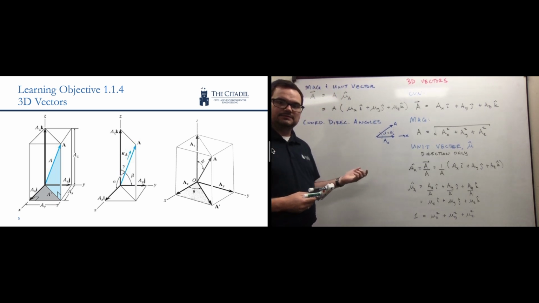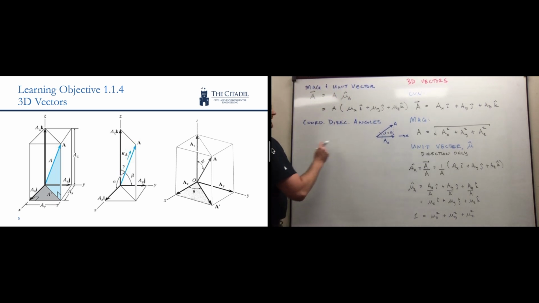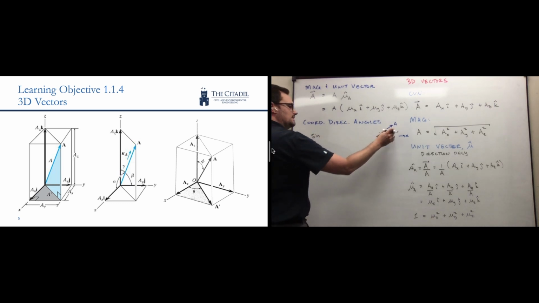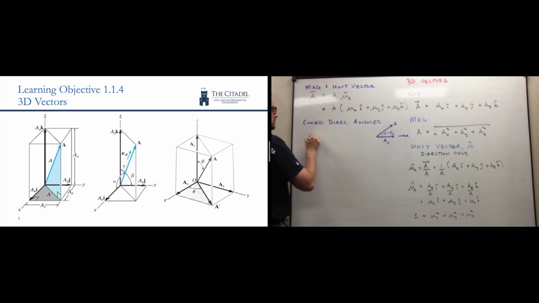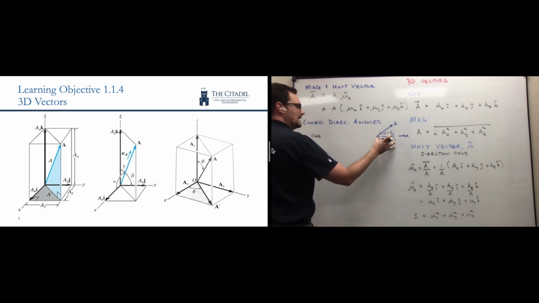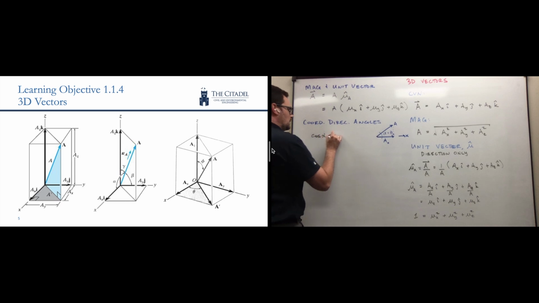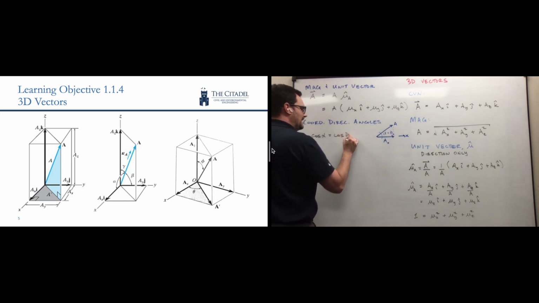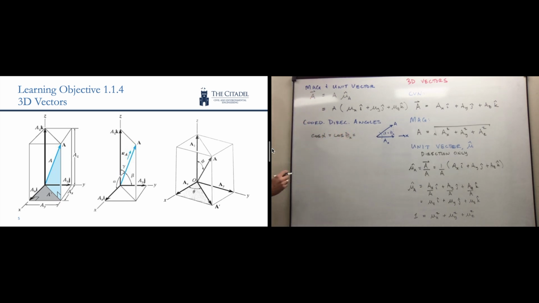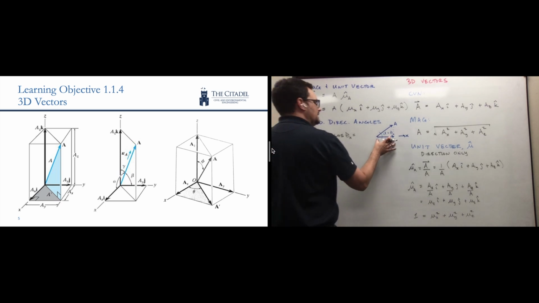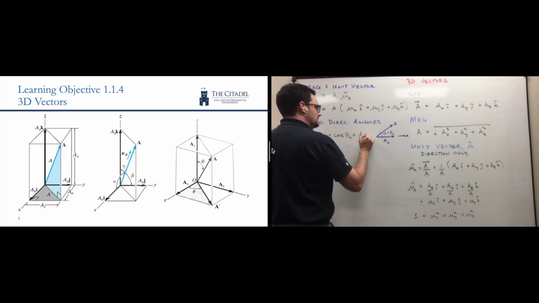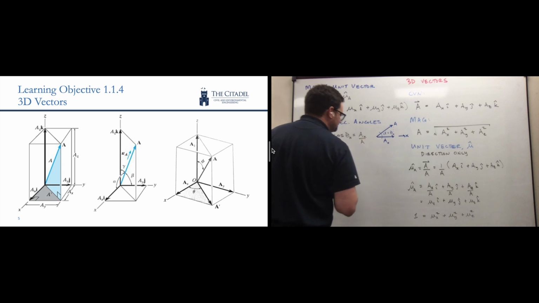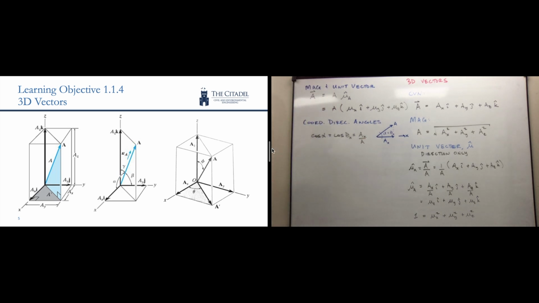There's a right triangle there, right? So the coordinate direction cosines: the cosine of that alpha, or the cosine of theta x, is going to be equal to the adjacent Ax divided by A.